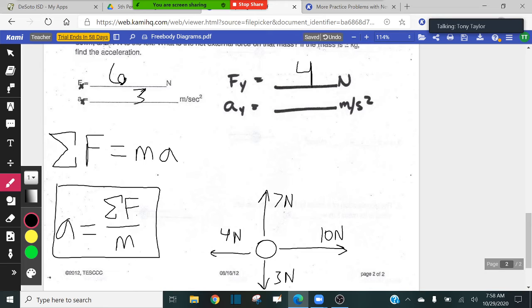Okay, 4 newtons, and my mass is 2 kilograms. So 4 divided by 2 is clearly 2 meters per second squared. So 2 meters per second squared is my acceleration.